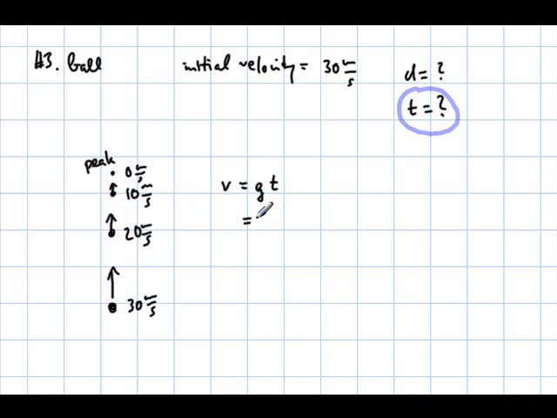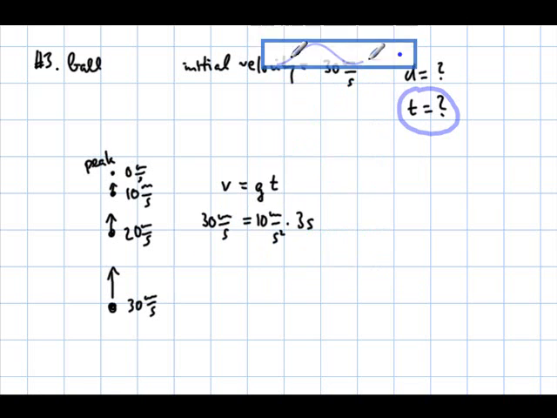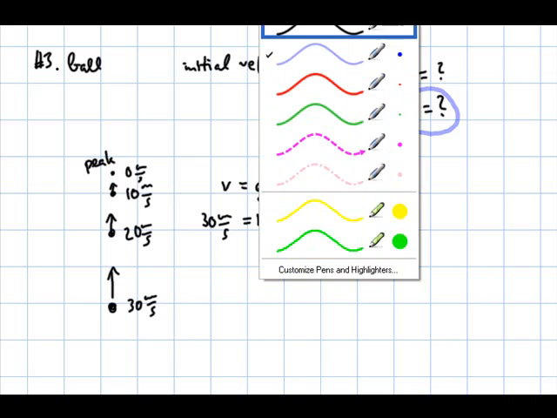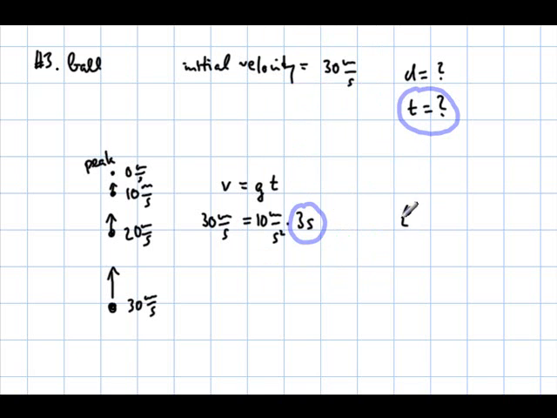So on the way down it would be 10 meters per second squared times 3 seconds equals 30 meters per second. So by symmetry we figure out that the 3 seconds that I have over here on the way down is also 3 seconds on the way up, which means that the total time comes out to 6 seconds.